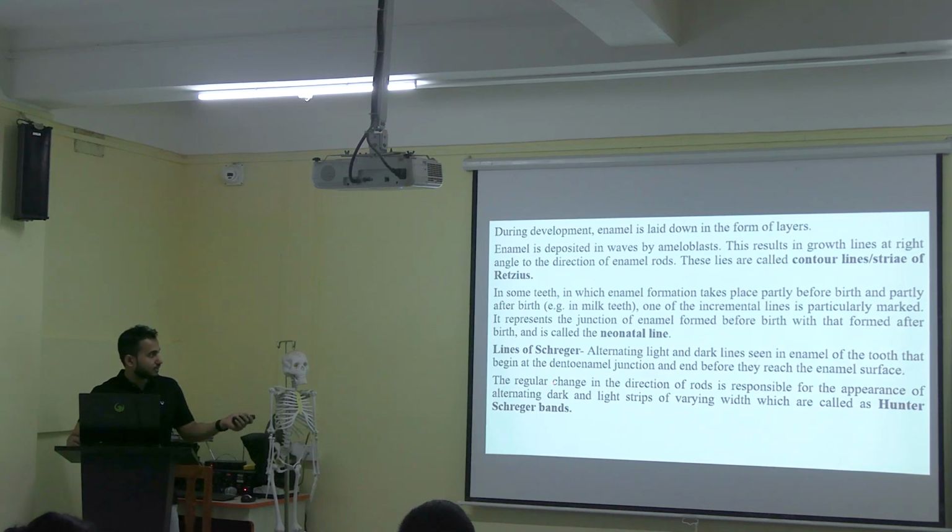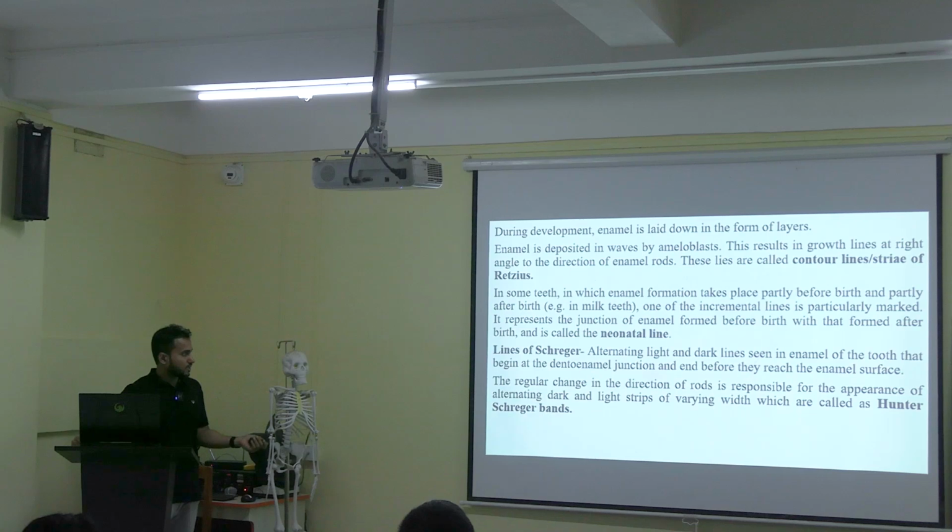Because of the regular change in the direction of the rods. The way the rods are arranged, there is a regular change in direction, and due to that these alternate light and dark strips can be seen. These Hunter-Schreger bands are present exclusively in the enamel.